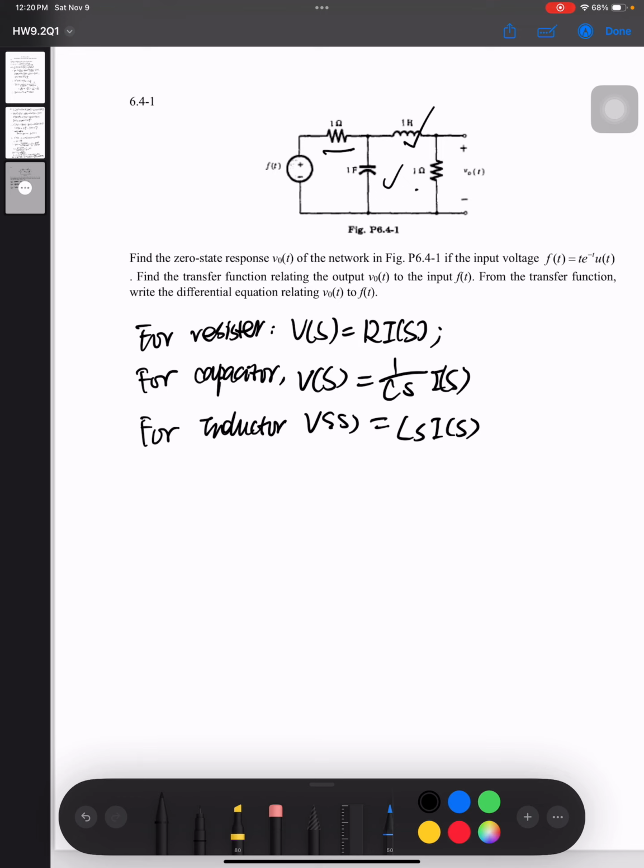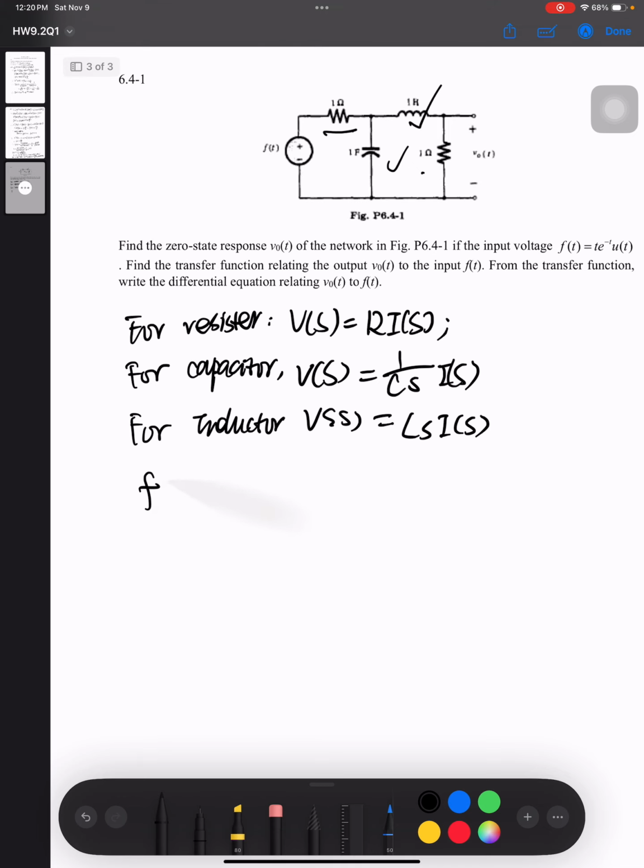Also, let's convert the input voltage into the Laplace transform. The Laplace transform of this u(t) term will be 1 over (s plus 1) squared. You can also just check that in the table.